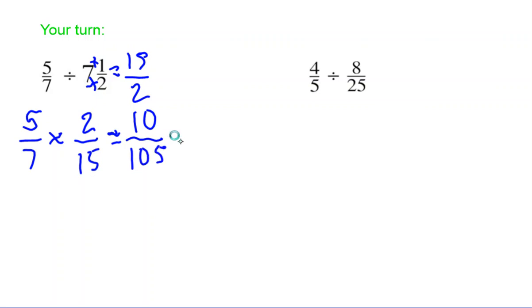If we divide that by 10, we would get 1 on the top and 10.5 on the bottom, so that will not work. So our answer is simplified there. 5/7 divided by 7 and 1/2 is 10 over 105.